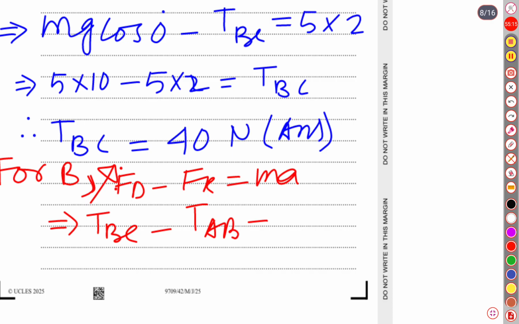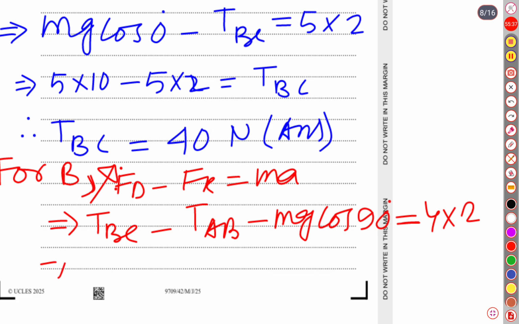Weight, as this is for B, is mg cos 90 degrees, because B is lying horizontally on a smooth plane, and the mass is 4, acceleration is 2. Tension in BC has already been obtained as 40, and tension in AB is to be obtained.